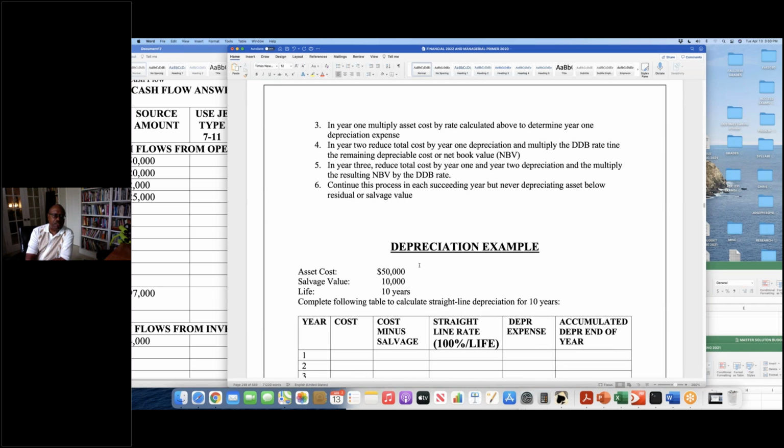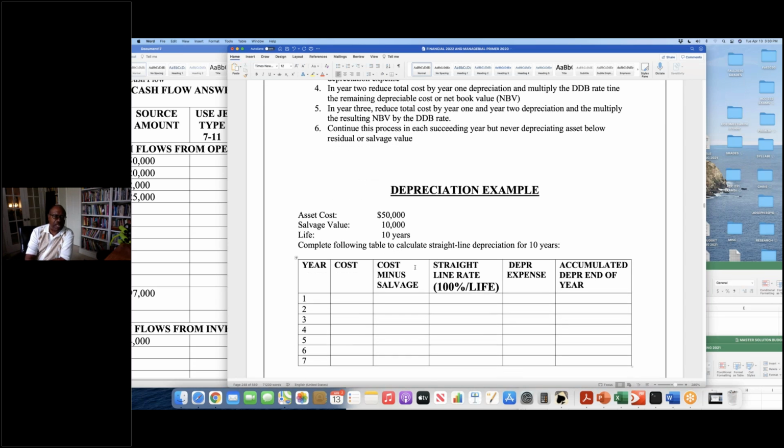So let's look at an example. Suppose we had a car that cost $50,000, salvage 10, life 10 years. Let's see if we can fill this out. The car costs $50,000. The cost minus the salvage gets it down to 40. To get our straight line rate, we simply divide 100% by the life.